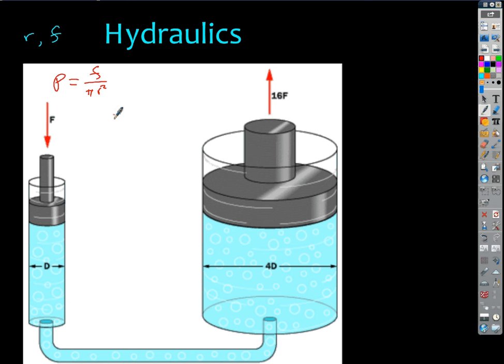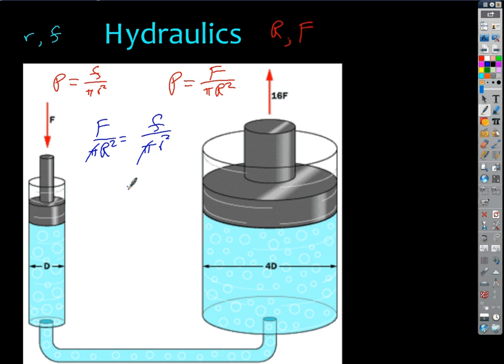What about over here? So this is going to be big R, right? And we'll solve for F. We'll call it big F. But we'll solve for it in terms of the other parameters. So the pressure here is going to equal big F divided by pi times big R squared. The pressure is uniform throughout, so we end up with the relationship big F over pi big R squared equals little f over pi little r squared.